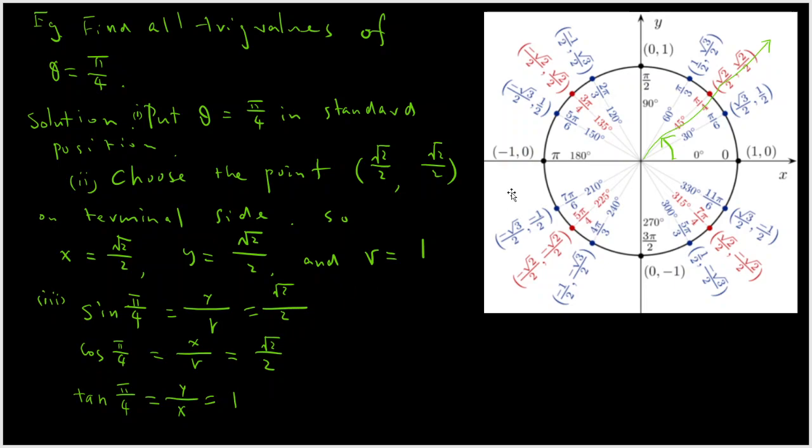To get the tan value for any angle, you need to divide x coordinate into y coordinate. And of course, cotan value, you just invert the numerator and the denominator from tan value. This one is 1 as well.